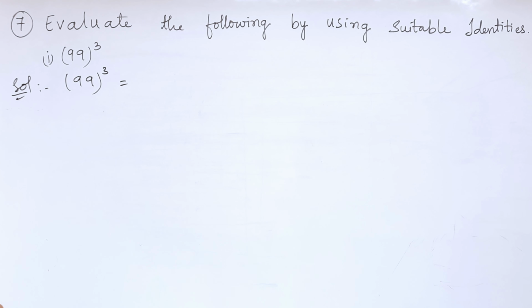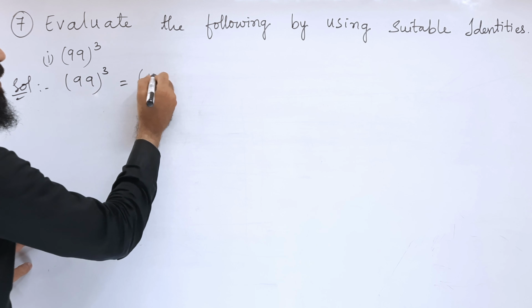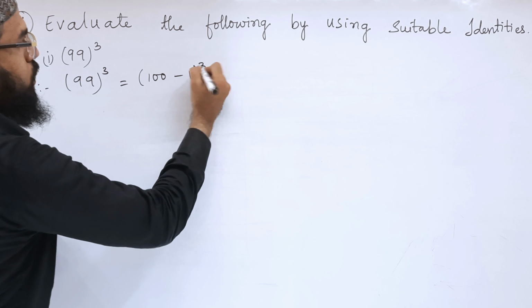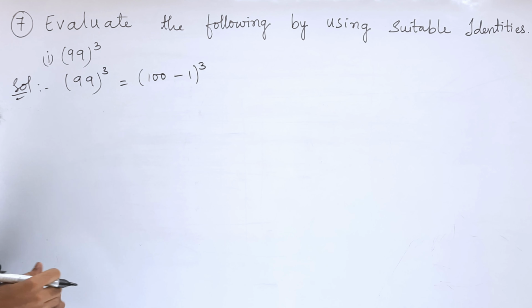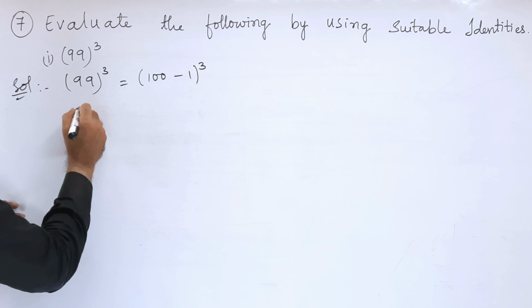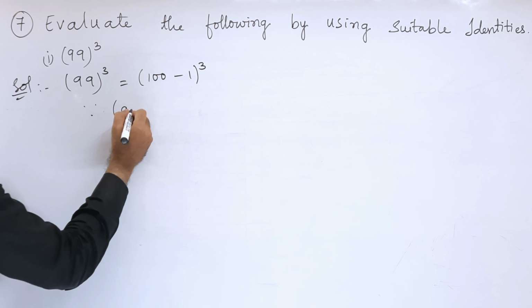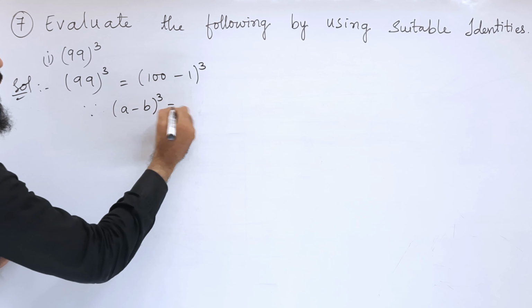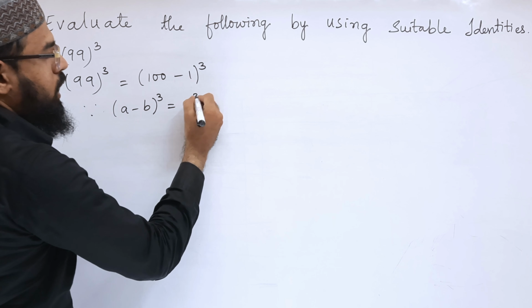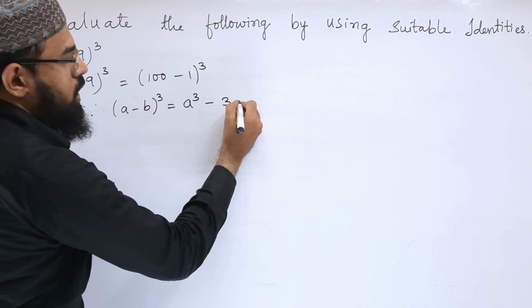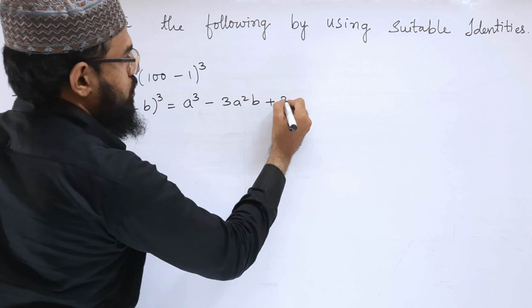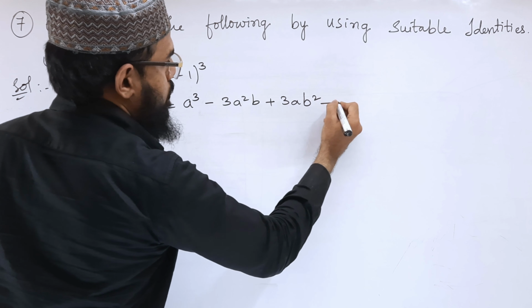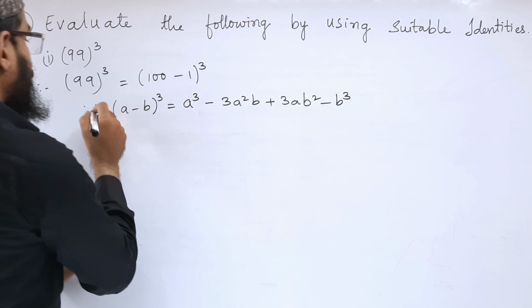So 99 can be written as (100 minus 1) whole cube. So it is in the formula (a minus b) whole cube. Let us write that identity: (a minus b) whole cube is equal to a cube minus 3a square b plus 3ab square minus b cube.